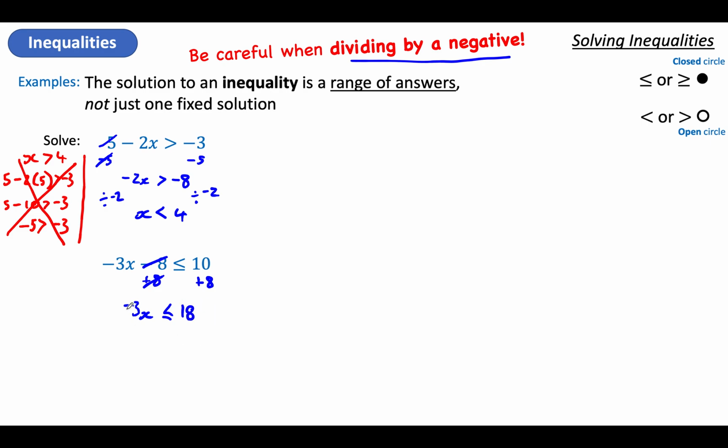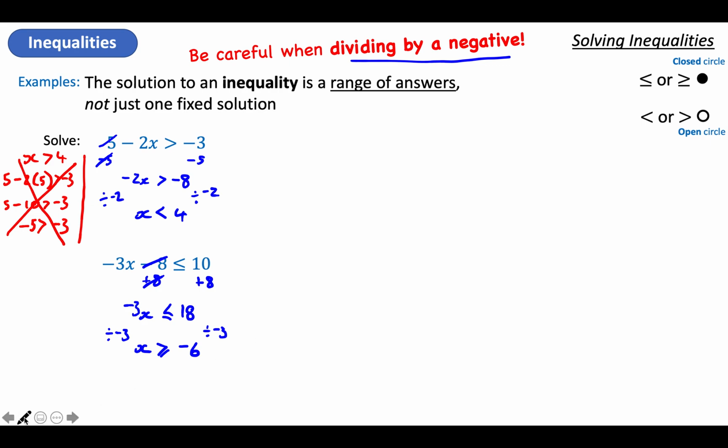And then I've got -3, so I'm going to divide by that -3, that number touching x, to get x is, and then 18 divided by -3 makes -6. I've divided by a negative, which means I need to reverse my sign to make it work.